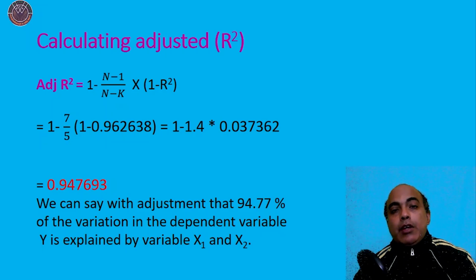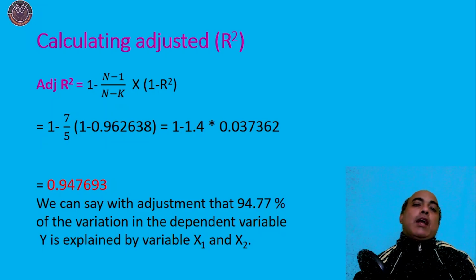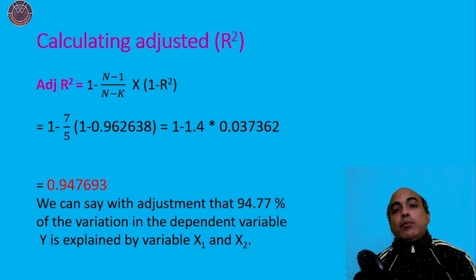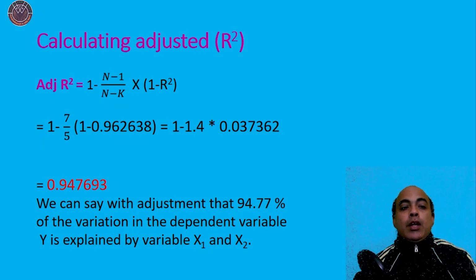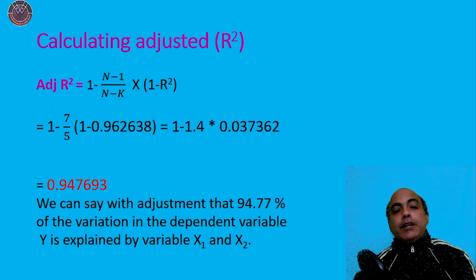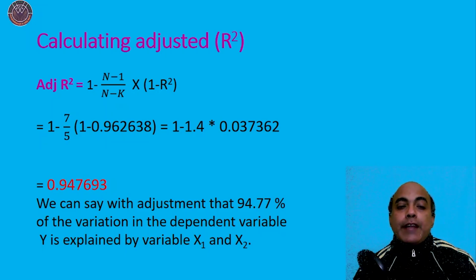We already know the number of observations. K is the number of regression coefficients that we have estimated, which in our case is 3, because we have calculated beta 0, beta 1, and beta 2. So it is 1 minus 8 minus 1, that is 7, over the denominator 8 minus 3, that is 5, multiplied by 1 minus the obtained value of r square, 0.962638.